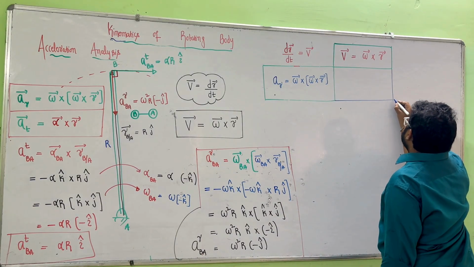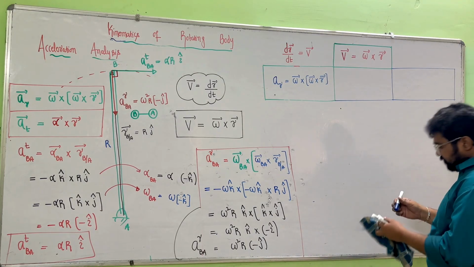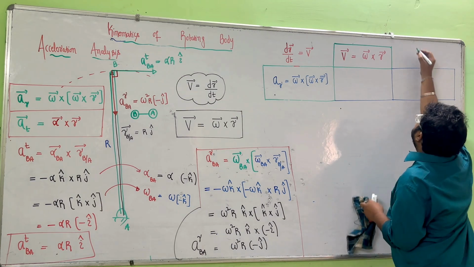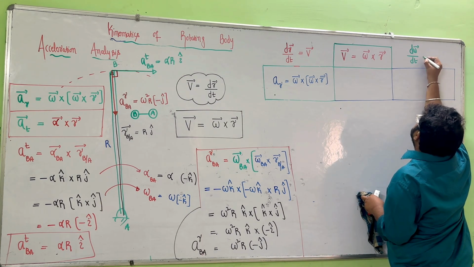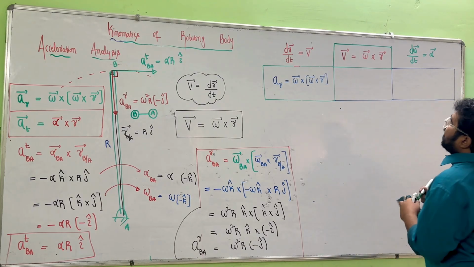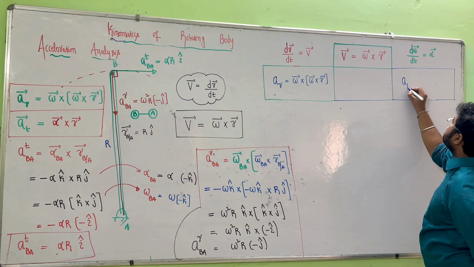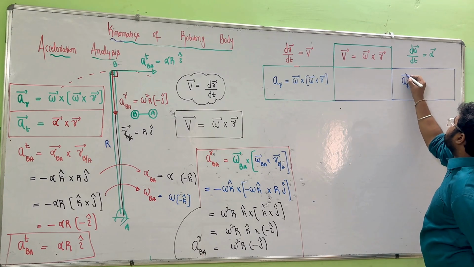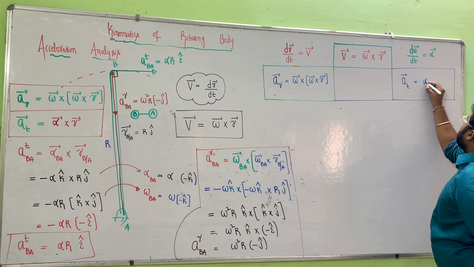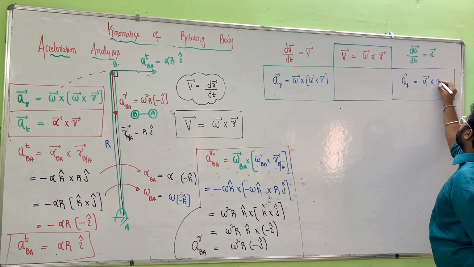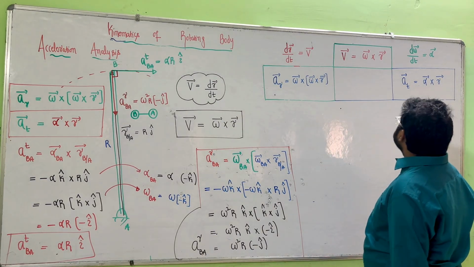Here, this is how much? D omega bar by dt equal to how much? Alpha bar. That is tangential. This is the vector. That is equal to alpha bar cross R bar. Clear?